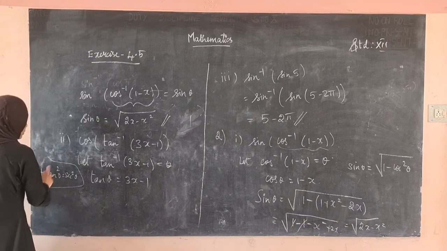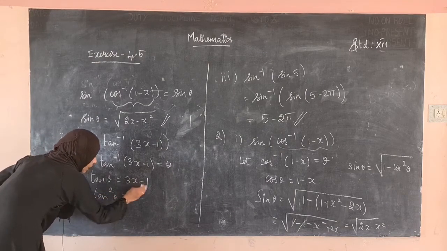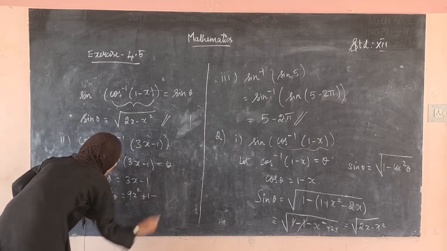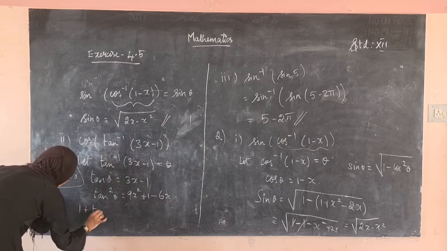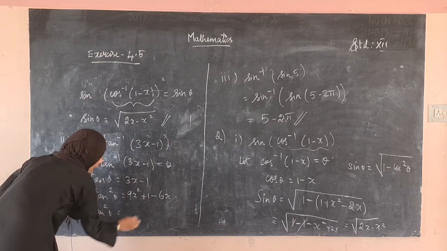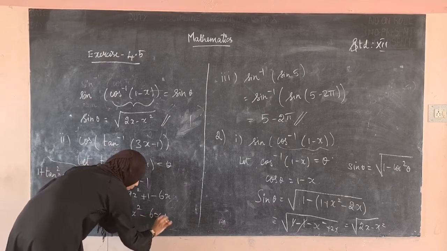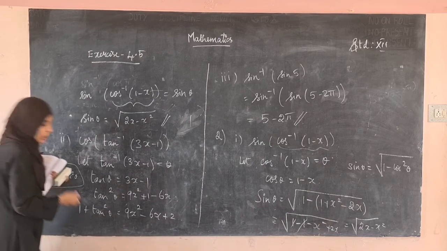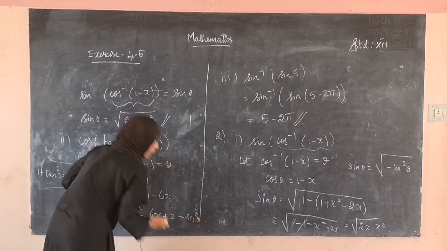Tan square theta will be equal to 3x minus 1 the whole square, which is 9x square plus 1 minus 6x. Then 1 plus tan square theta, we have to add 1, the answer will be 9x square minus 6x plus 2. We know 1 plus tan square theta is equal to secant square theta, so this can be written as secant square theta.